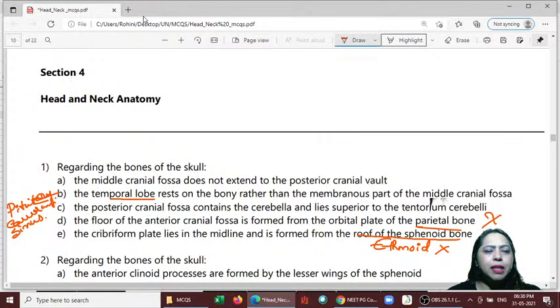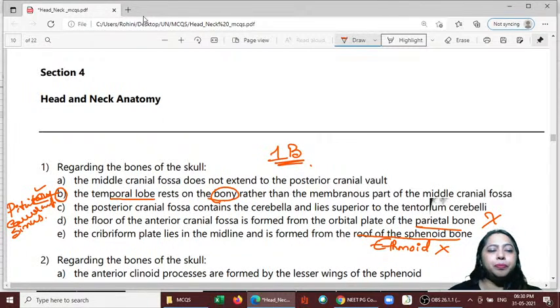The temporal lobe actually sits on the bone rather than the membranous part, which is occupied by the pituitary gland and the cavernous sinus. So the answer I would pick is B. The answer here is 1B.